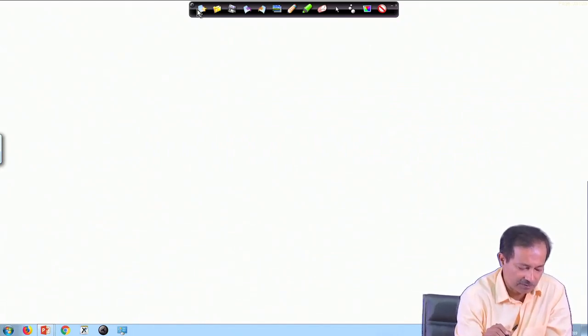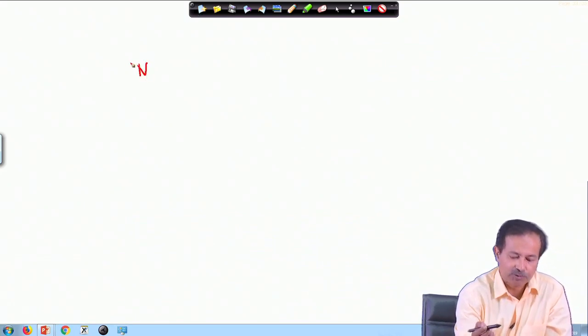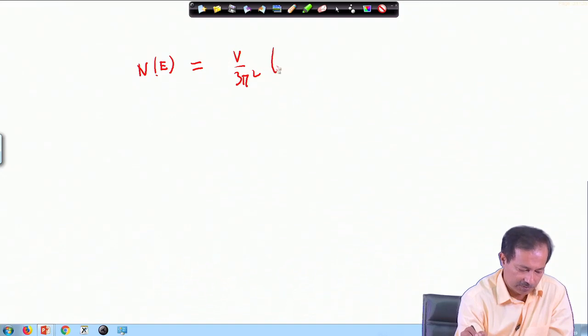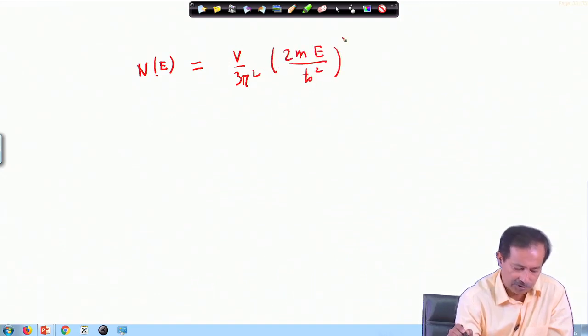Another interesting relation you can find is that N up to an energy E, as we just mentioned, is V by 3 pi squared into (2mE by h-bar squared) to the power 3 by 2.